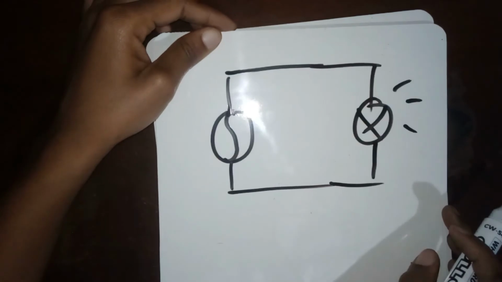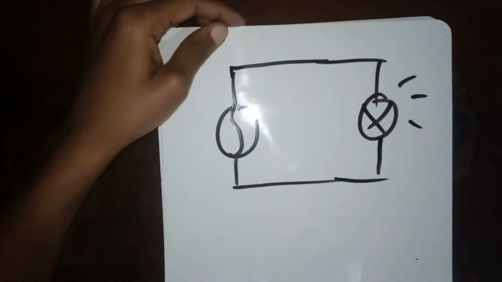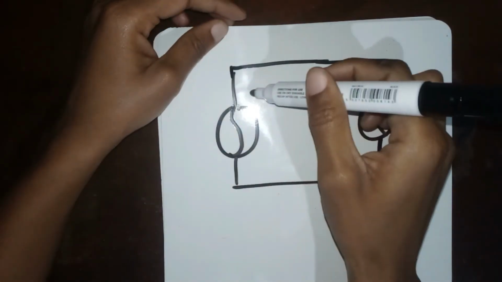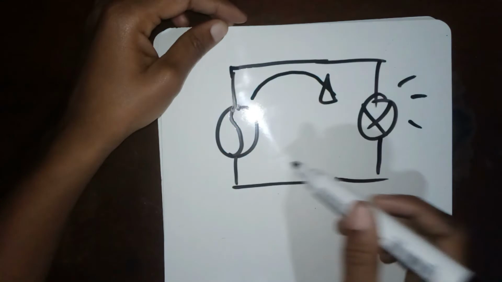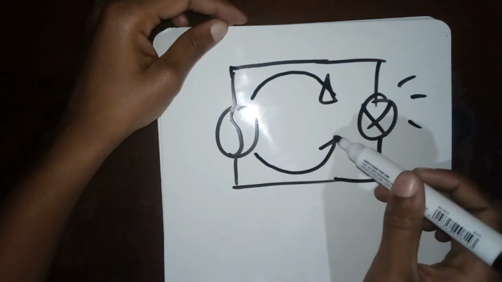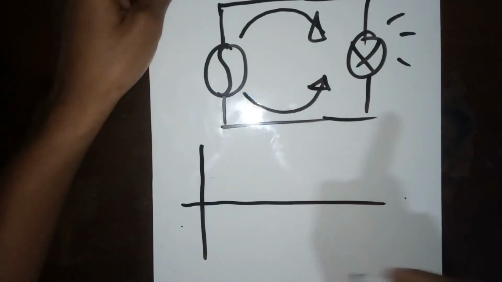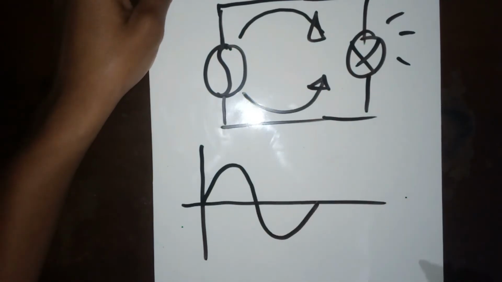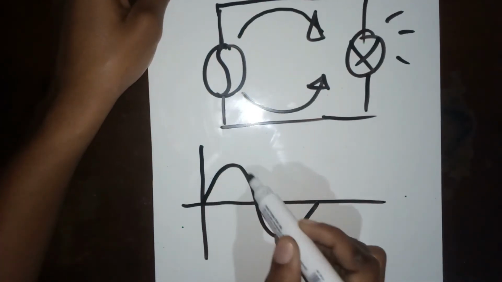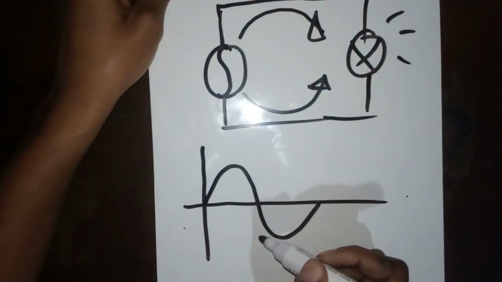Now if we look at this, at one point the current would be in this direction, and then after a while the current would be in this direction, because our current would actually form a sort of sinusoidal function. So we would have something like this. After every half cycle, the current would change direction.